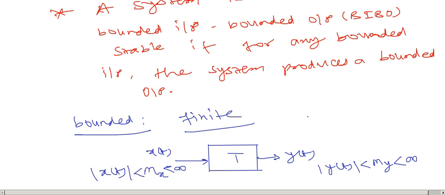Then this system is known as BIBO stable. Otherwise it will be unstable, meaning if your input is bounded but the output is not bounded, it becomes unbounded or tends to infinity with time, then the system is an unstable system. And this is the most important concern while designing systems. You should ensure that the system is a stable system, otherwise it will not be of any practical use.